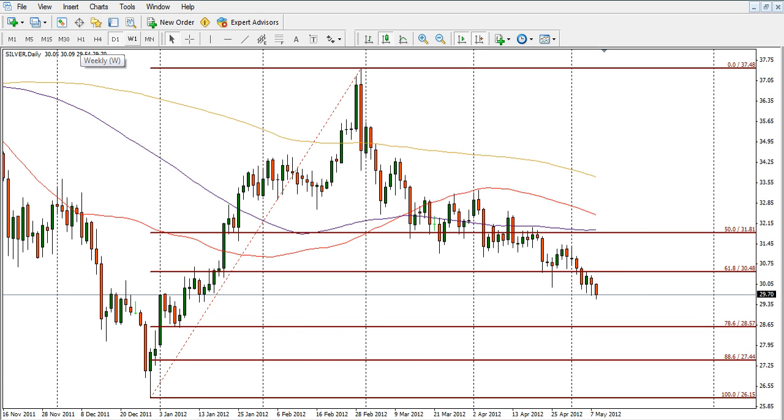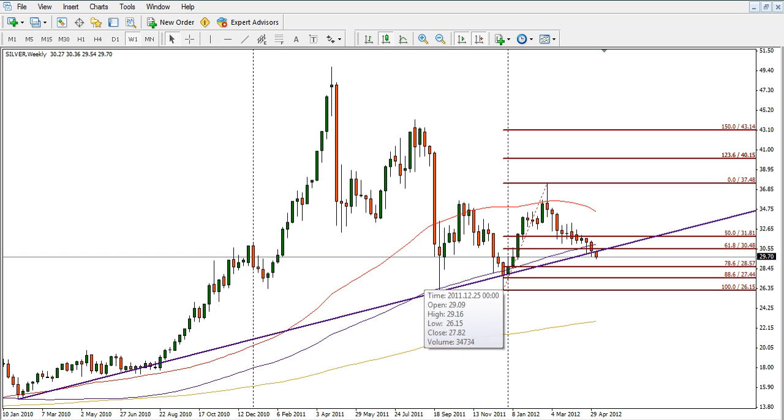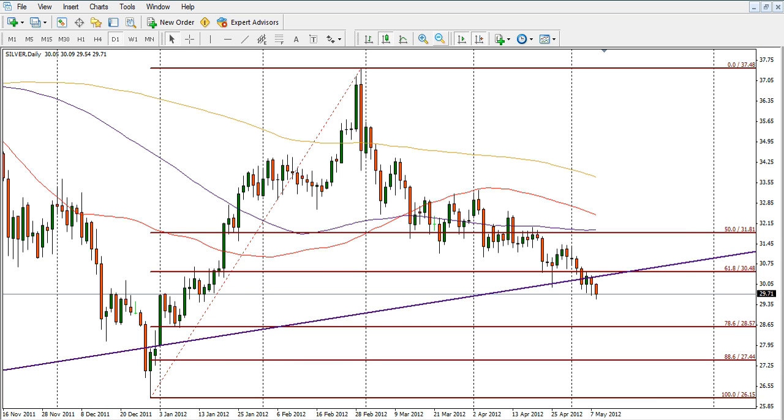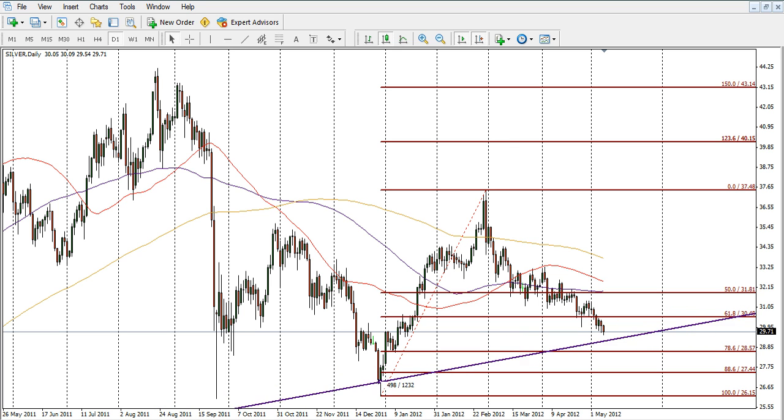But in terms of silver, I'd really just be keeping an eye out on this trend line support. What's going to happen at this level here? Let's flip it to the daily actually. Let's make it a bit cleaner. If you draw the trend line to the lows of the bodies there, then that's where I'd have it.